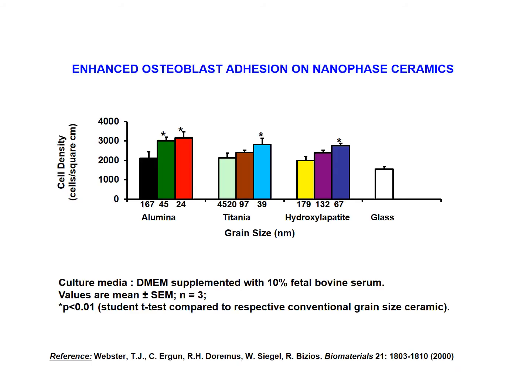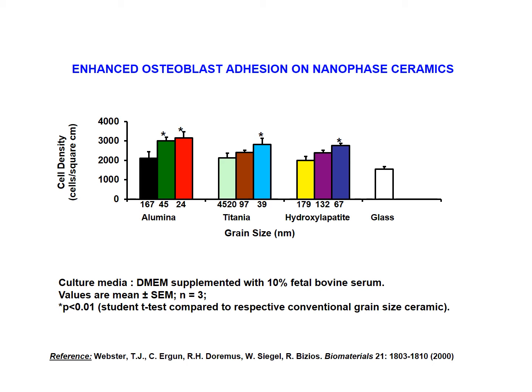Since cell adhesion is the crucial function for the survival of anchorage-dependent cells, cell adhesion on nanostructured materials was the first one to be investigated in these studies. The results of osteoblast adhesion on various ceramics, specifically alumina, titania, and hydroxyapatite, are shown on this slide.